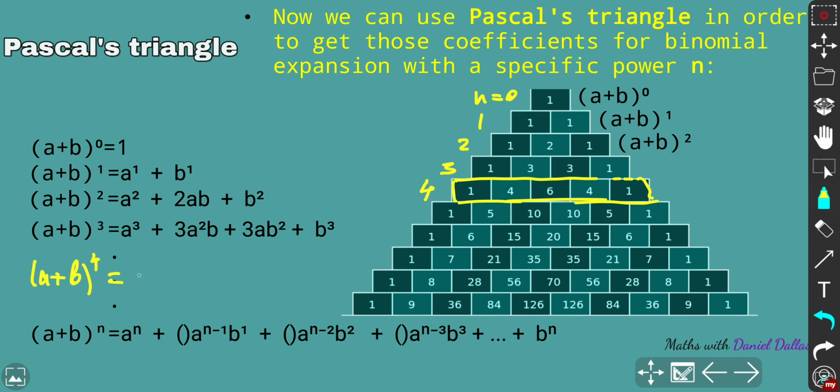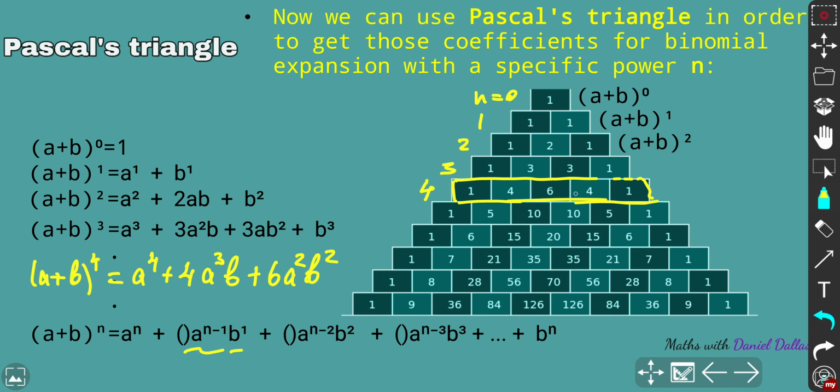Okay, so using this triangle we can arrange the expansion using those coefficients. For example, let's take a to the power 4 with coefficient 1. On top of that, we add 4, yes? And as you remember from the formula, the power of a is decreasing by 1, so we use power 3, while the power of b is increasing by 1, so that's a cubed b. The next is 6, so we add 6 a squared b squared.